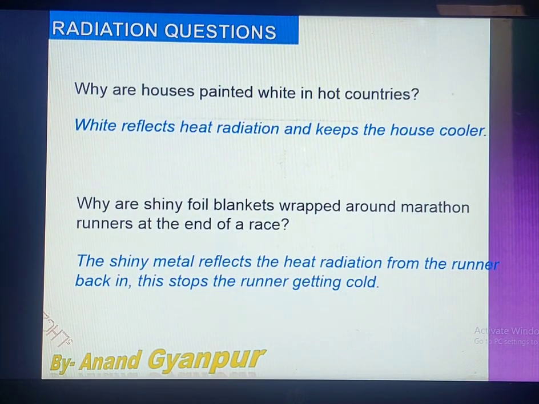When the runner stops, the body loses heat by radiation because of the temperature difference, and that makes the runner ill, so they are covered with the blanket. So the shiny metal reflects the heat radiation from the runner's body, and this stops the runner getting cold.